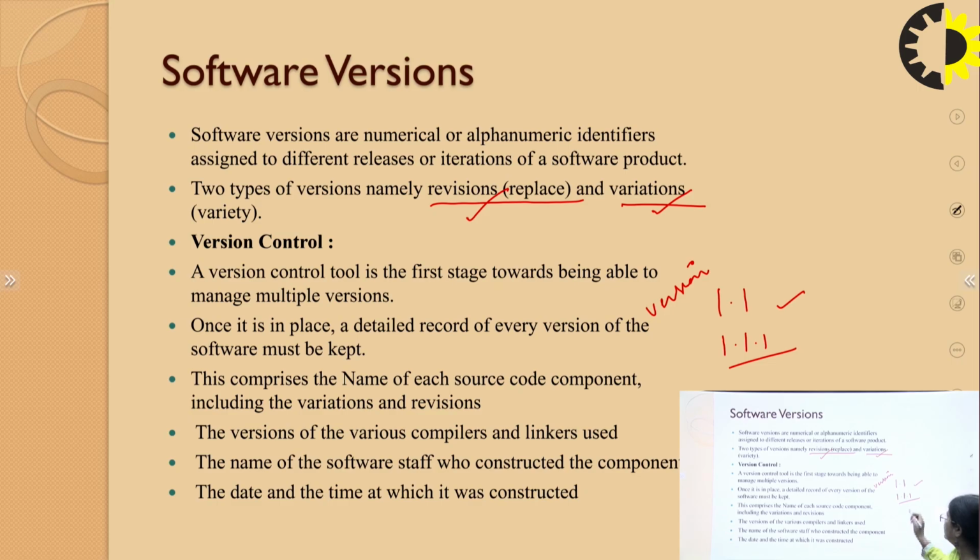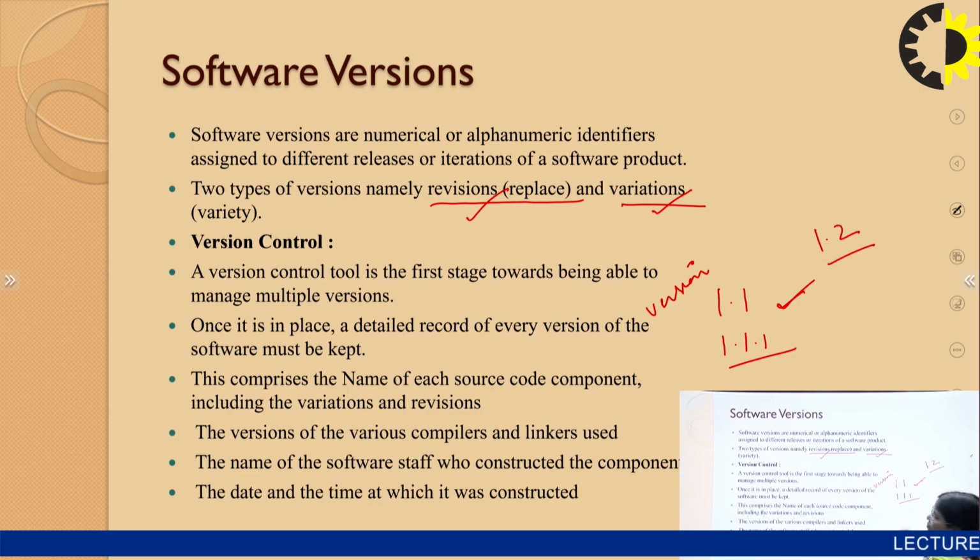If we apply a large number of changes, the next version comes under 1.2, so it comes under variations.